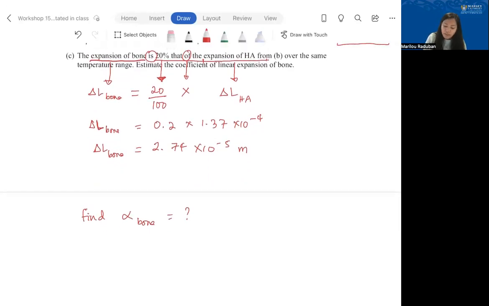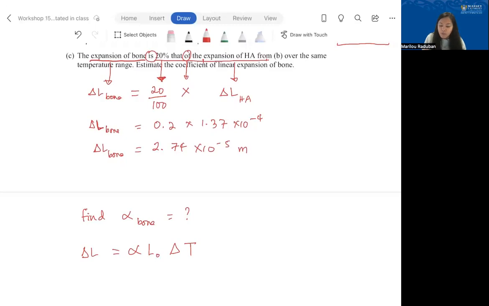We know that delta L and alpha are related by that equation: the expansion is equal to the coefficient of linear expansion times the original length times the change in temperature.